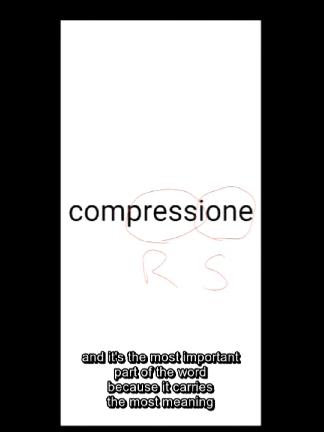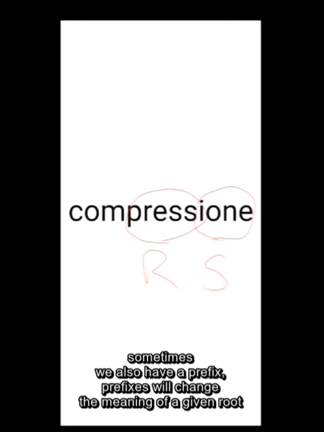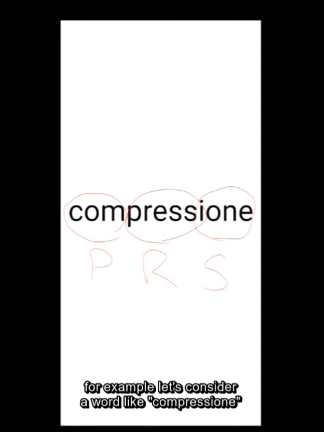and it's the most important part of a word because it carries the most meaning. Sometimes we also have a prefix. Prefixes will change the meaning of a given word in different ways.